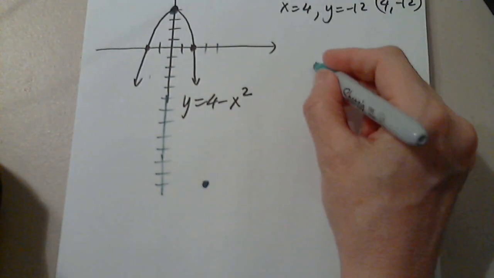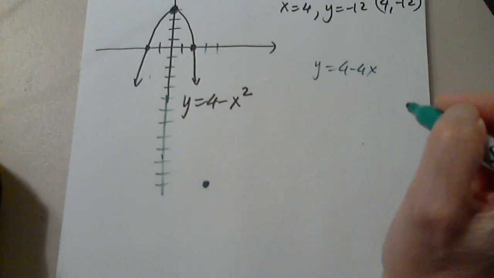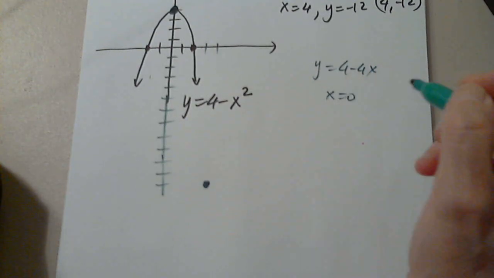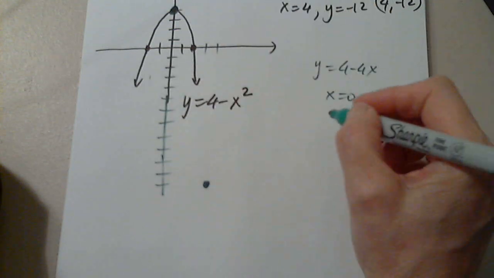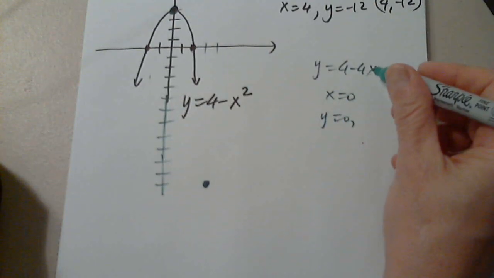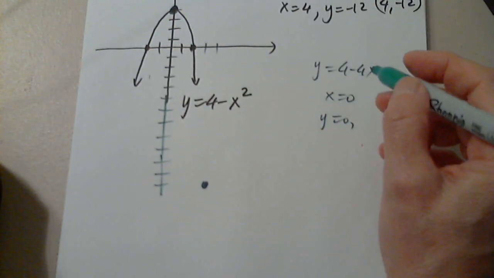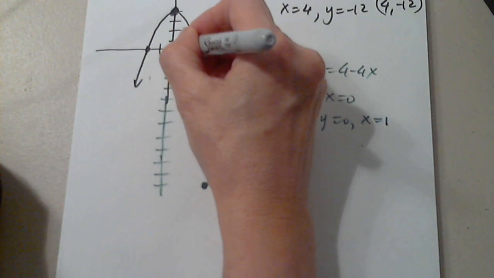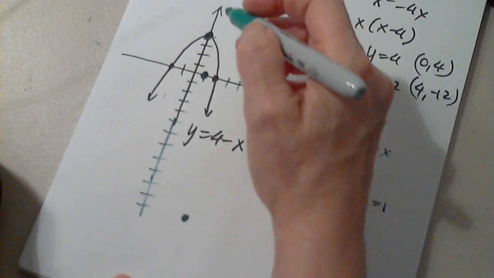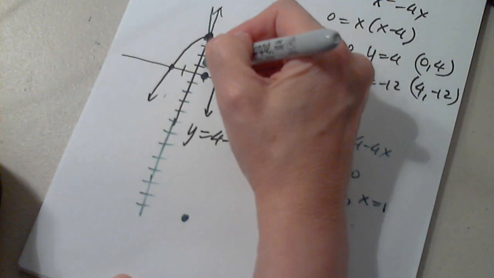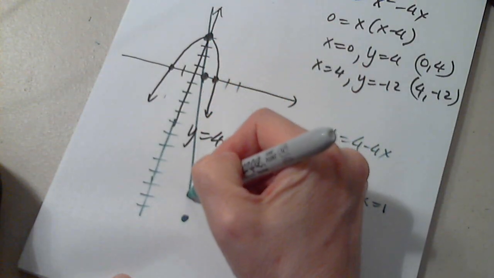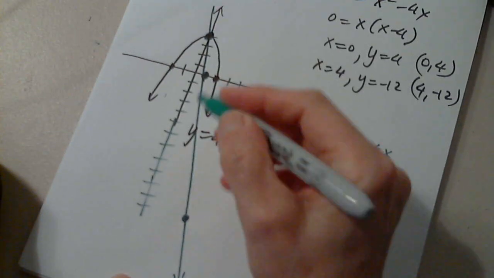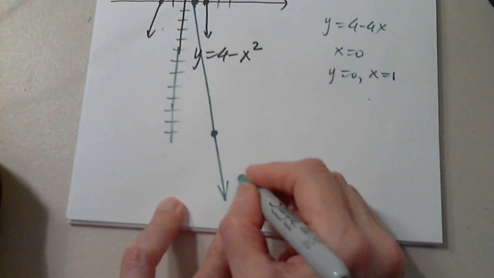So when I graph y equals 4 minus 4x, when x is 0, y is 4, and when y is 0, x is 1. And you can say, what's going on here?